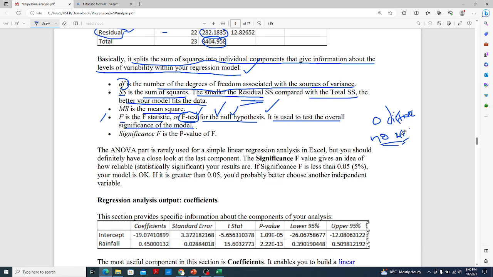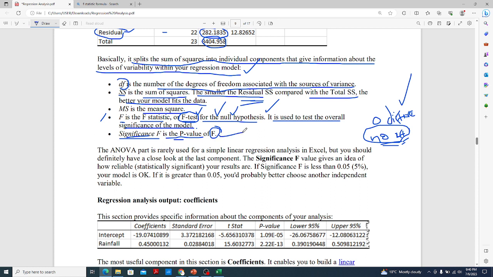We are trying to test whether our model is good. Significance F is the p-value of the F statistic.